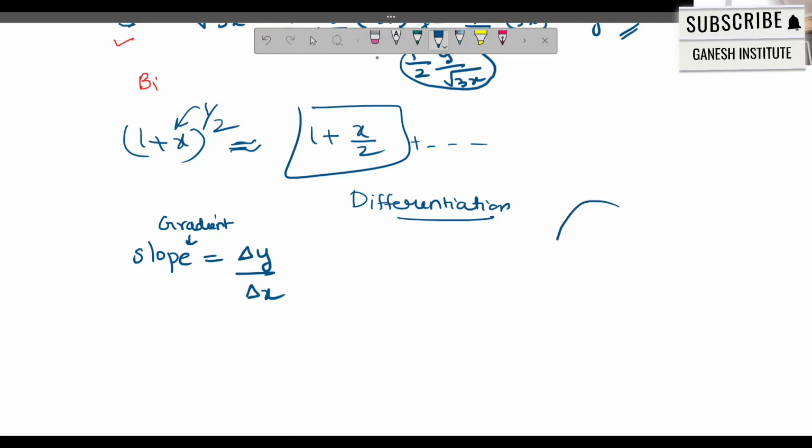But if you want to find out the real life application of differentiation, for example, I want to find the area of a circle or circular shape.